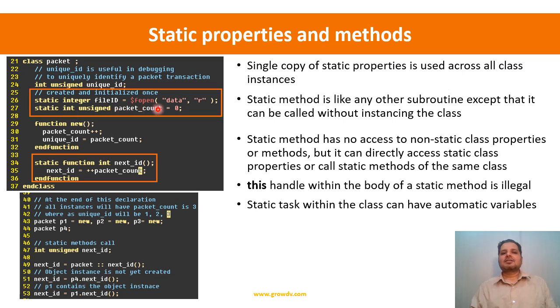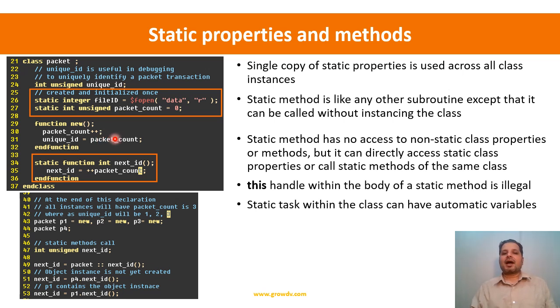And then let's say I'm creating this packet class, and I want to keep track of a packet count, so that I have a unique ID. That's useful for me in debugging, because we can create n number of transactions in the constrained random environment. So I can create one static packet count property within the class that I can keep incrementing and assigning to the unique ID, and thereby keep a sort of unique ID per packet that gets created.